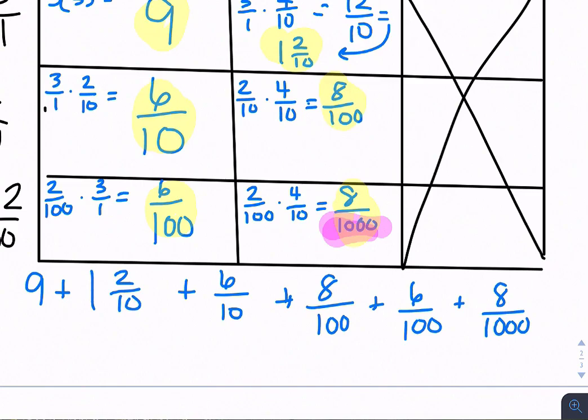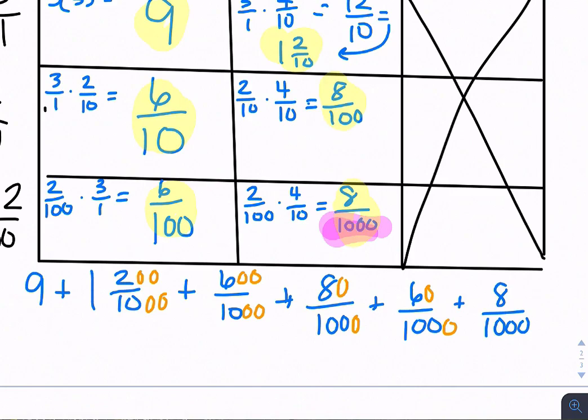To get from 10 to 1,000, I'm really multiplying by 100, so I'm adding 2 zeros. So 6/100 is 60/1000, since 100 times 10 is 1,000 and 6 times 10 is 60. I'm going to do the same thing for my 8/100, 80/1000. To get from 10 to 1,000, I need to multiply by 100, so I need to add 2 zeros there as well. And same thing for my 2/10.